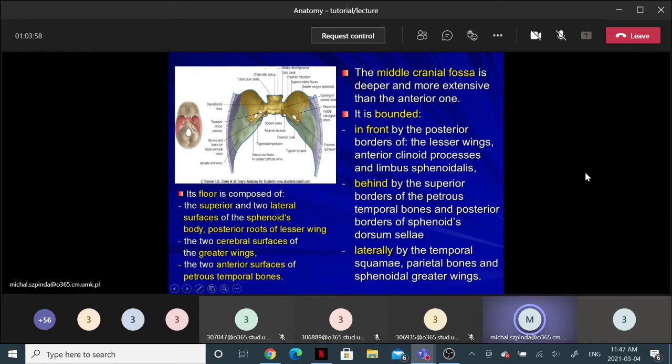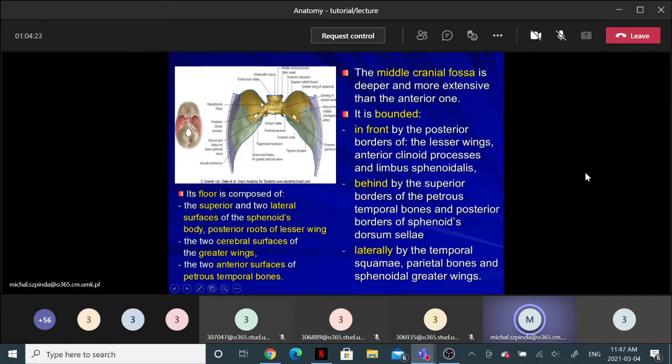So it's called foramen venosum, transmitting a vein. And the other foramen is lateral to the foramen of Bailey and is destined for a nerve, the lesser petrosal nerve. So it's called foramen petrosum.